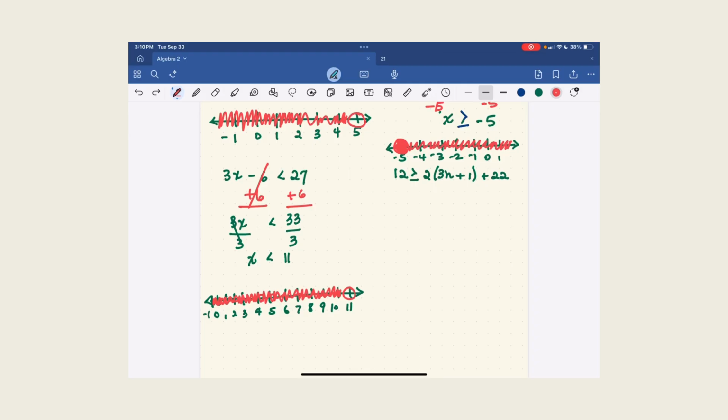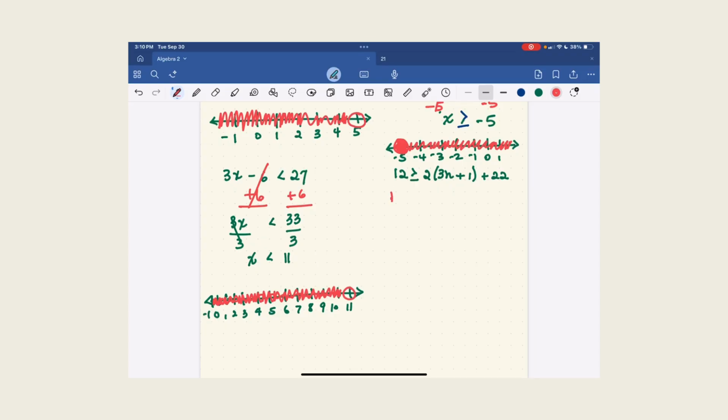All right, and then our last example, we have 12 is greater than or equal to 2 times the quantity 3n plus 1, plus 22. And we simplify. Anytime you see parentheses, it is screaming start here.